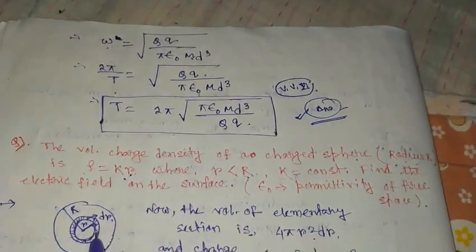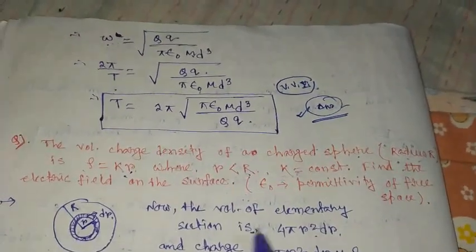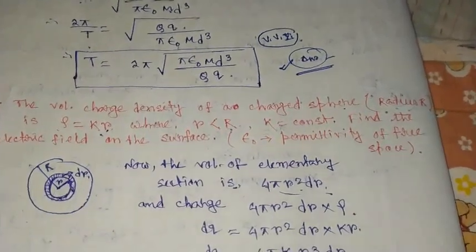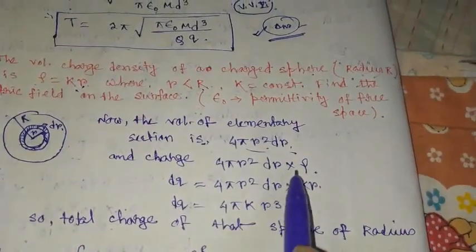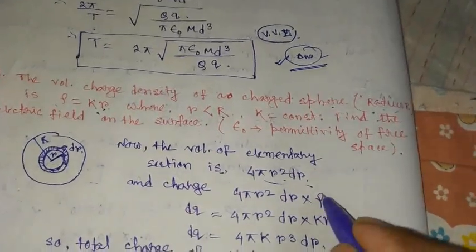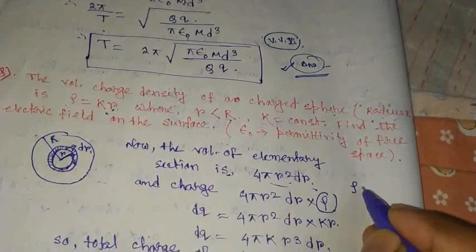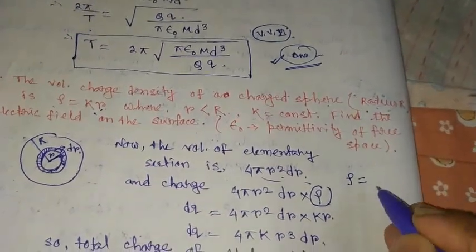So the volume of this elementary section is 4 pi r square dr. The charge on this elementary section is 4 pi r square dr into rho, because rho is the charge per unit volume.